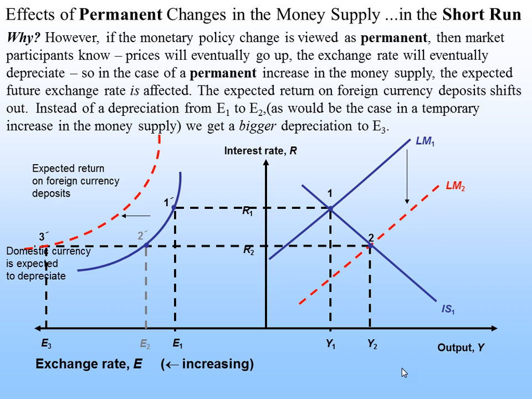So in the case of a permanent increase in money supply, the expected future exchange rate is affected, whereas when it's temporary, it wasn't. So what does that do? The expected return on foreign currency deposits shifts out. So instead of a depreciation from E1 to E2, like we got with the temporary change, we get a huge depreciation from E1 to E3. It's bigger.